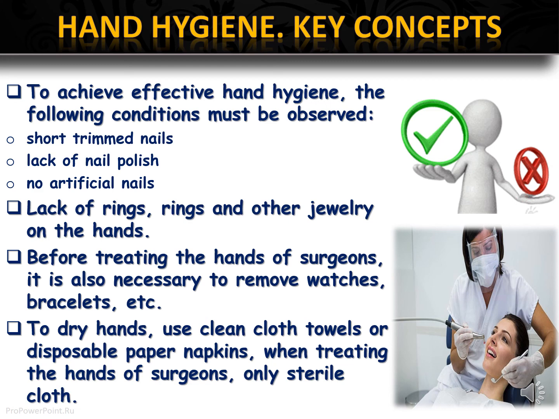Before treating the hands of surgeons, it's also necessary to remove watches. To dry hands, use a clean cloth, towels, or disposable paper napkins; when treating the hands of surgeons, only a sterile cloth. It's necessary for hygiene and infection control.